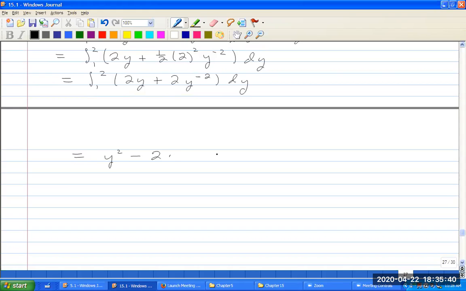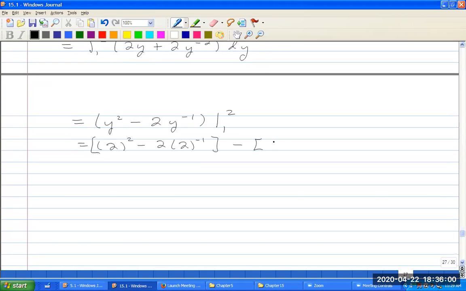I'm integrating between 1 and 2. Okay, so let's plug in. So I get 2 squared minus 2 divided by 2, so that'll just be a 1.